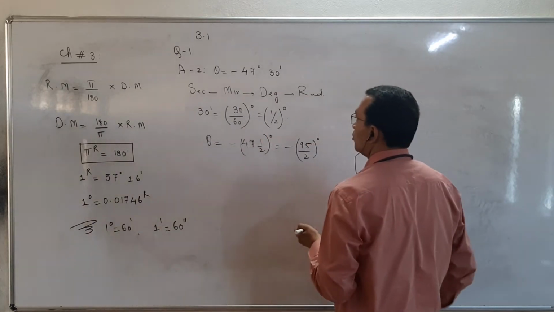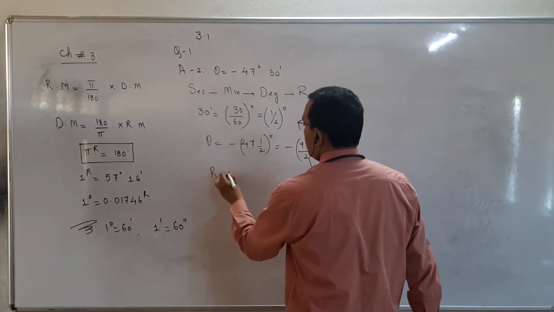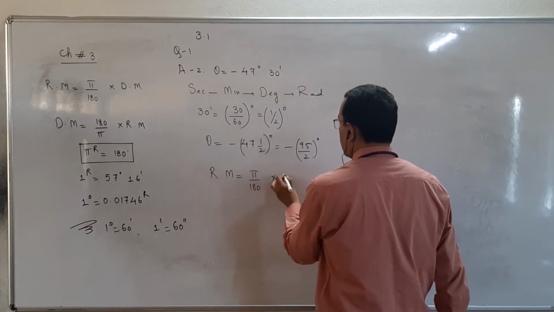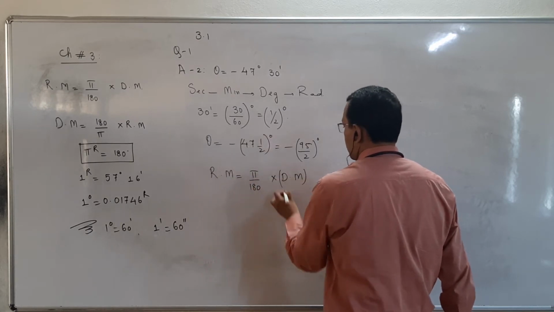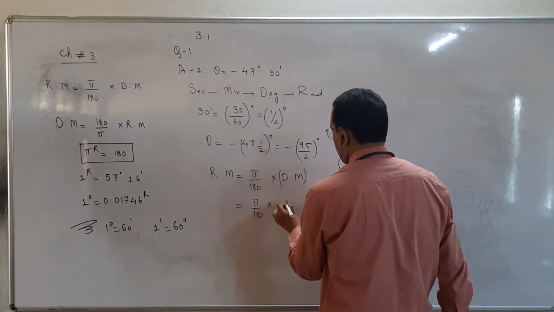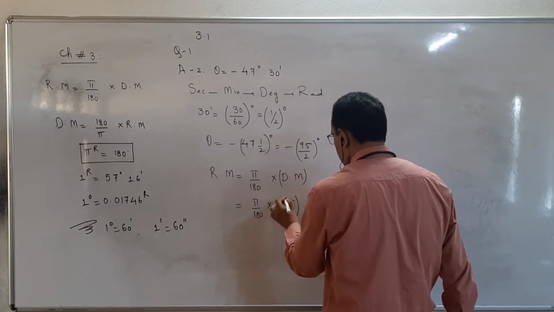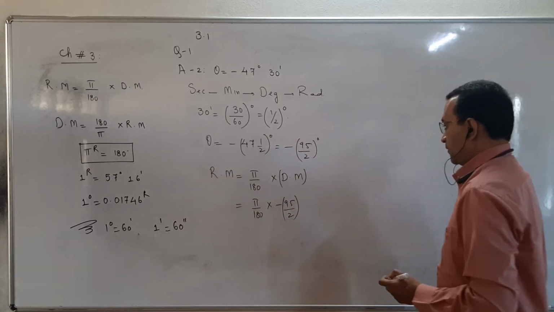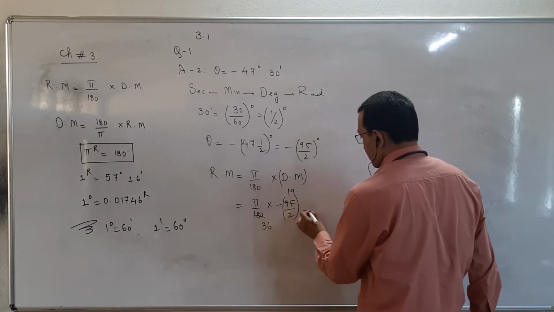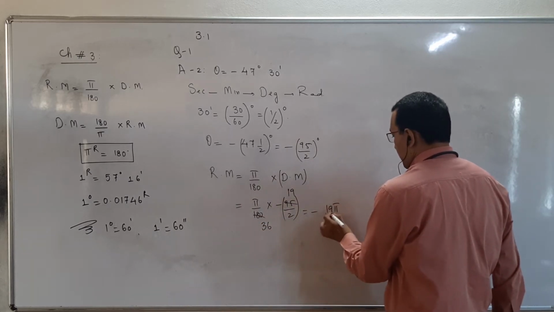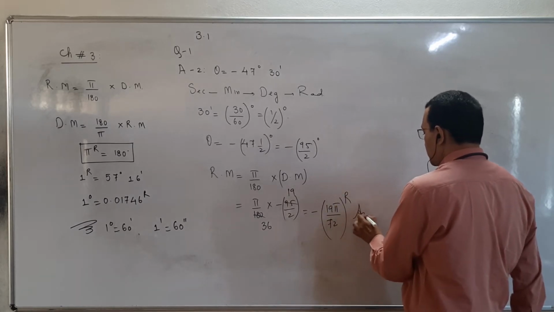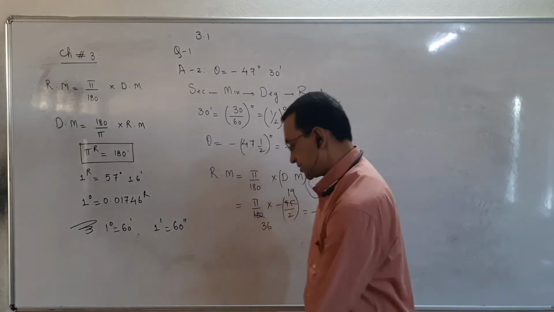Now apply the formula. Radian measure is equal to pi by 180 into degree measure. So pi by 180 into minus 95 by 2. 5 19s are 95 and 5 36s are 180, so minus of 19 by 72 pi. Here is our answer.